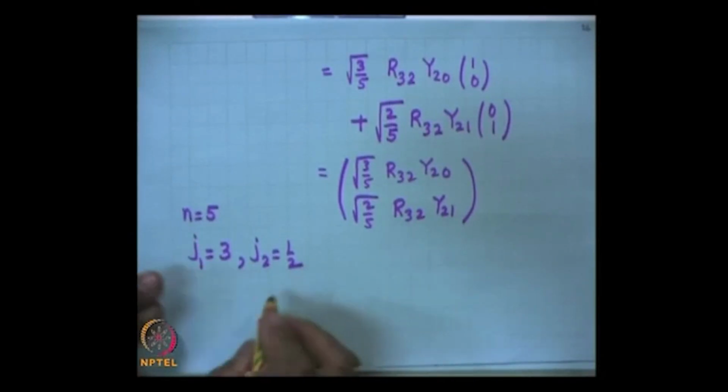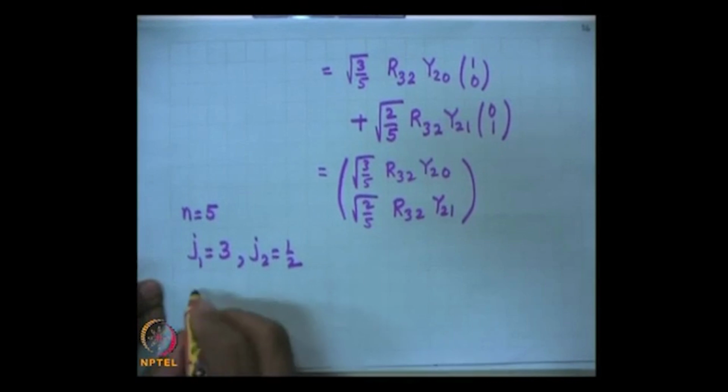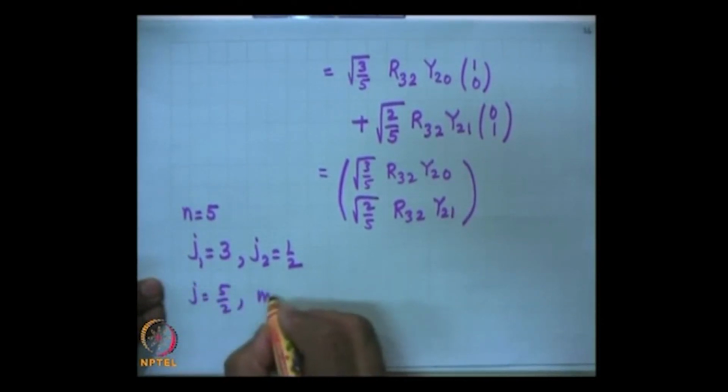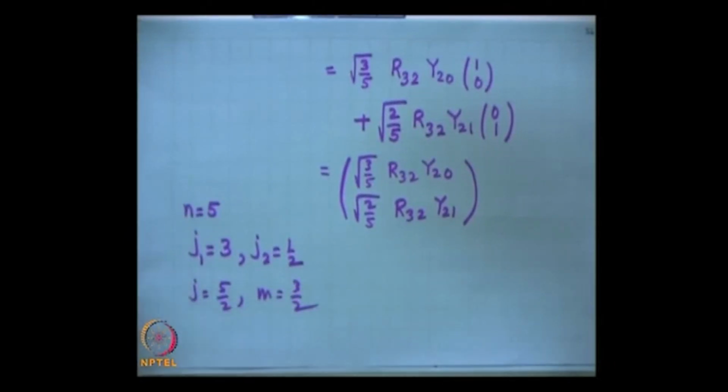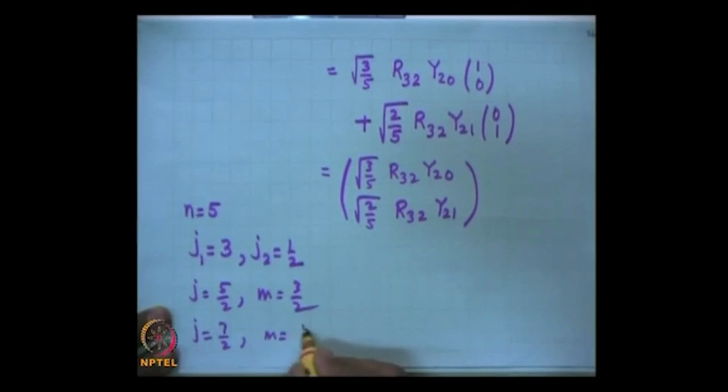Let us suppose I take 3 minus half. So, let j be equal to 5 by 2 and m is equal to 3 by 2. Calculate the Pauli wave function. Similarly, you can have j is equal to 7 by 2 and m is equal to say 5 by 2. Calculate the Pauli wave function. You can frame any number of problems using that.